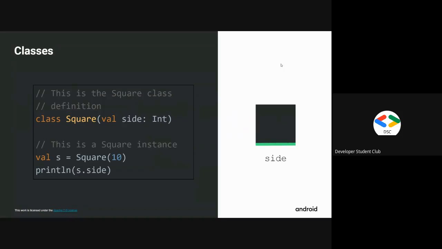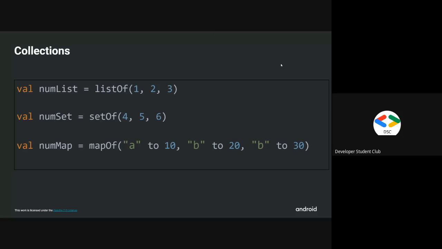Kotlin has some other major benefits, like it is both functional and object-oriented programming. For example, here you can see you can create classes and you can have instances of those. This is actually a functionality of an object-oriented programming language. If you're familiar with Java, you might be familiar with collections or the Java standard library.